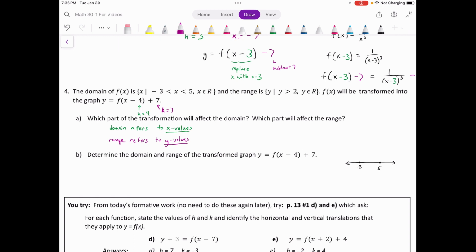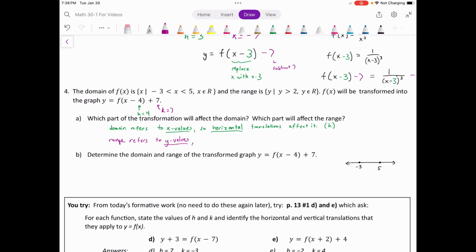So domain refers to x values, so horizontal translations will affect it. In this case, our h.